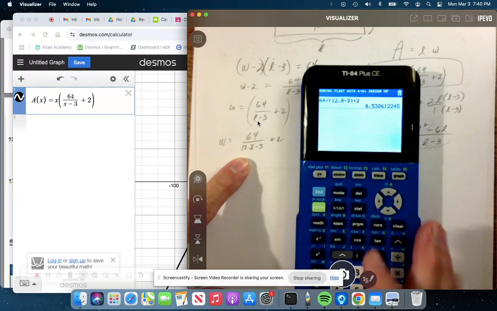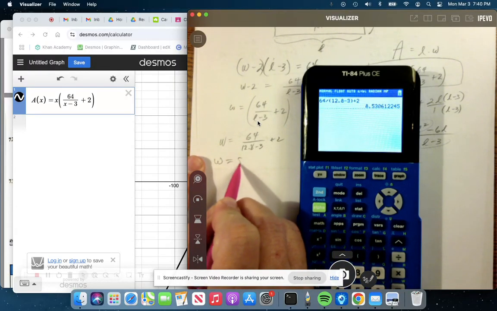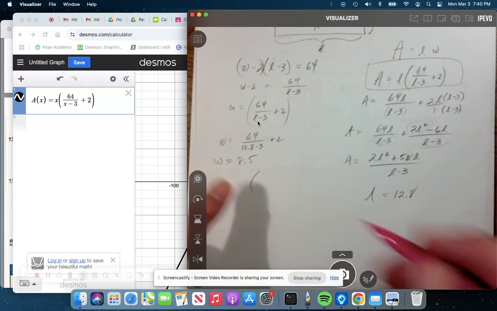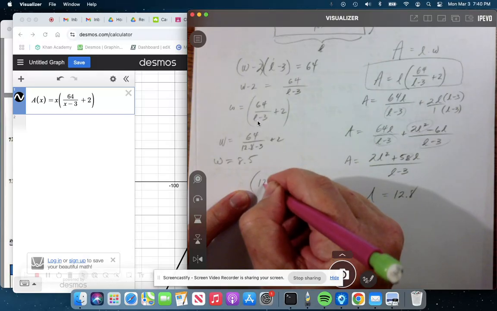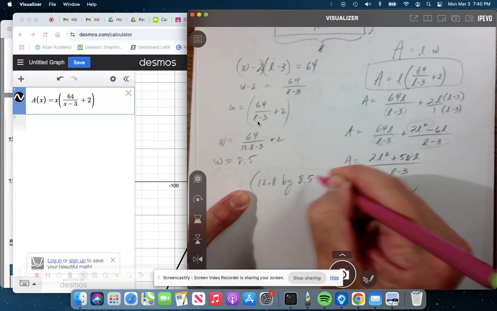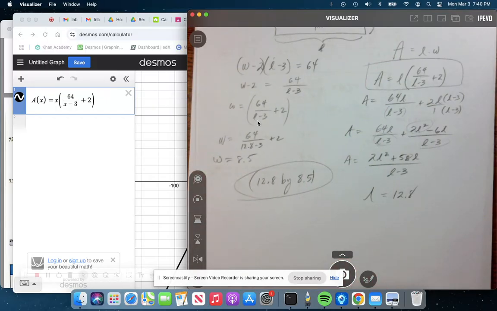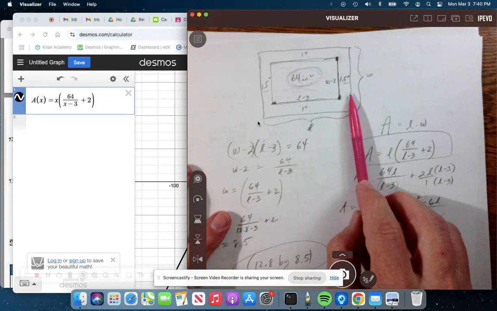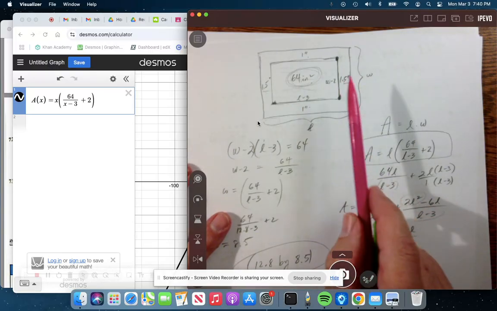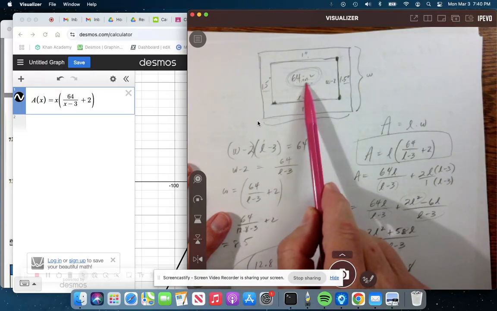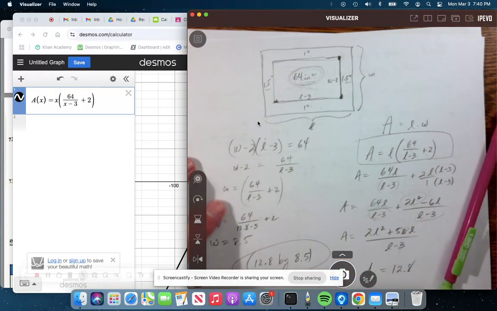About 8.5. So the dimensions are 12.8 by 8.5. And that's going to give us the smallest sheet of paper with these margins that can contain 64 square inches of print in the middle.